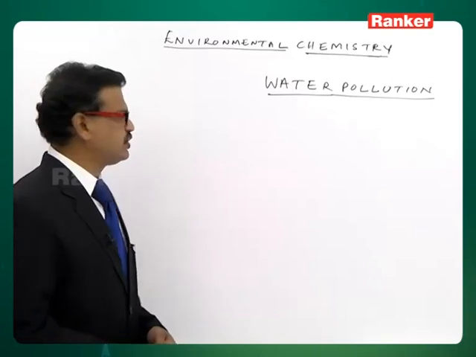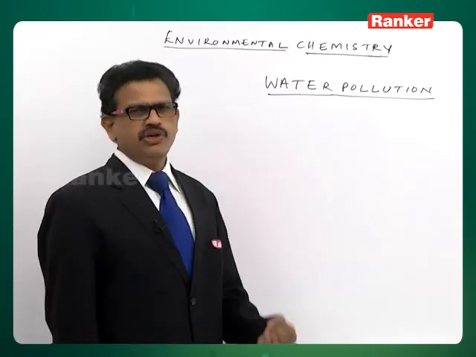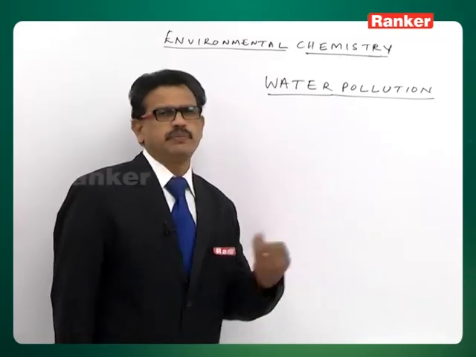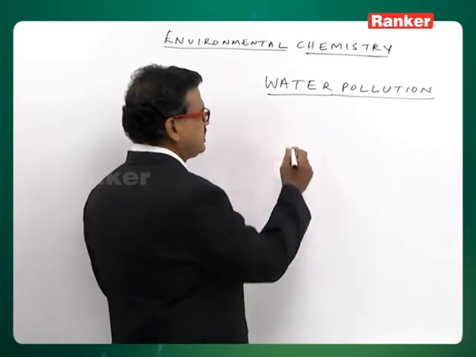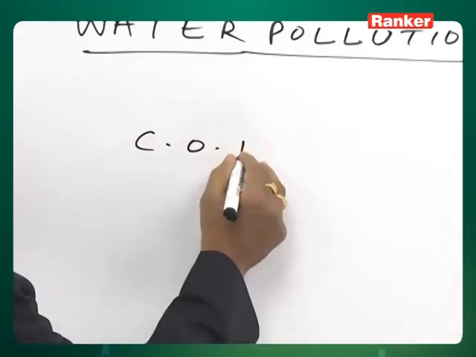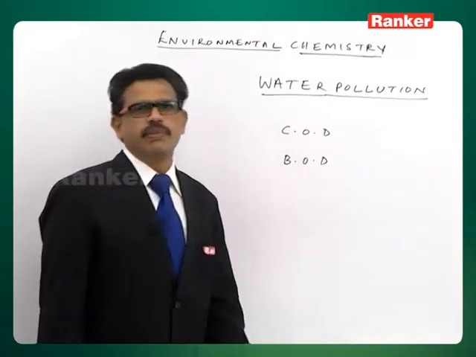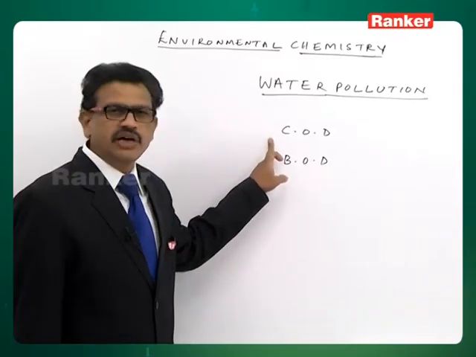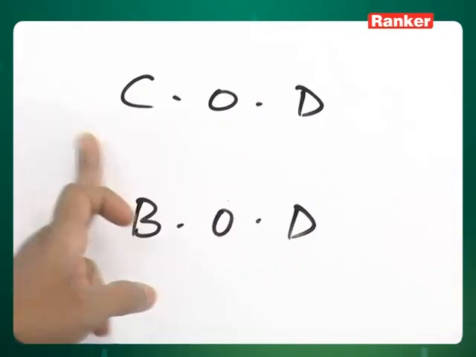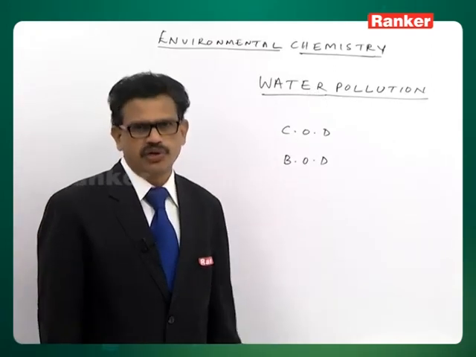These two terms are related to water pollution. So water pollution may be due to pathogens, may be due to organic pollutants. While discussing organic pollutants, we already discussed the terms chemical oxygen demand and biochemical oxygen demand. It is the demand for oxygen by the dissolved organic matter, and the demand for oxygen by the microorganisms present in the water body.